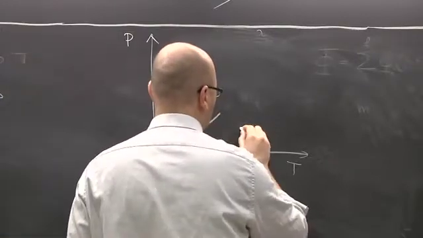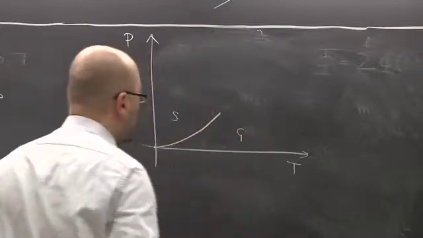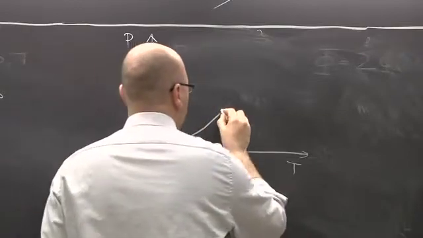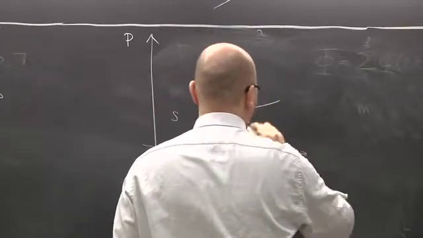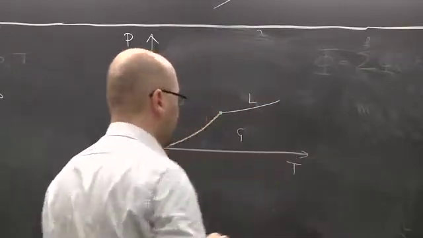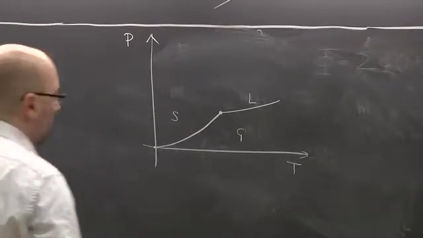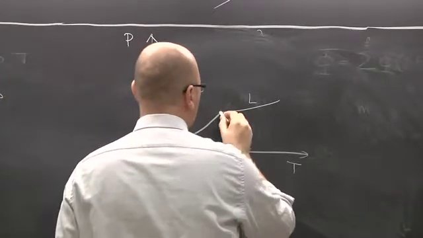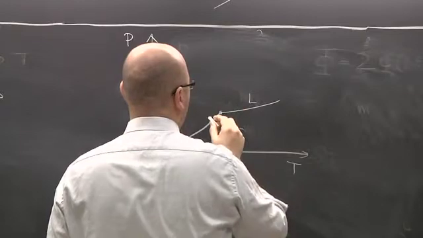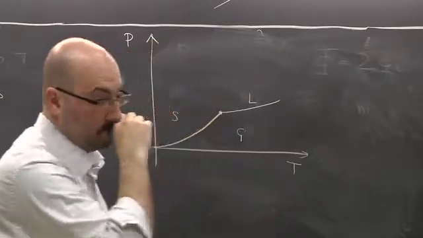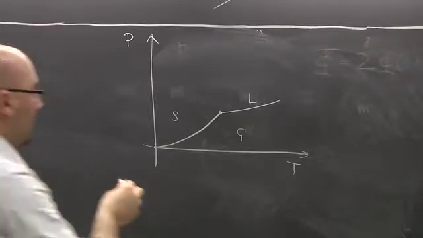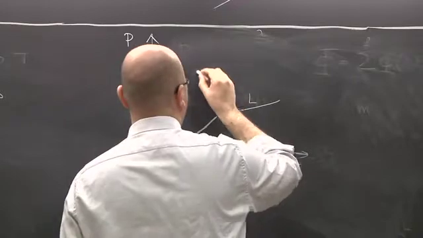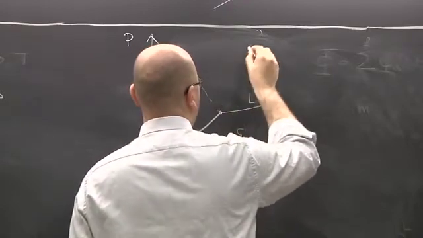Here we have steam, so gas or vapor. And then we have a point at which we can have liquid. And here we have the line between the solid and liquid. How do I have to draw this line? Like this, or like this?